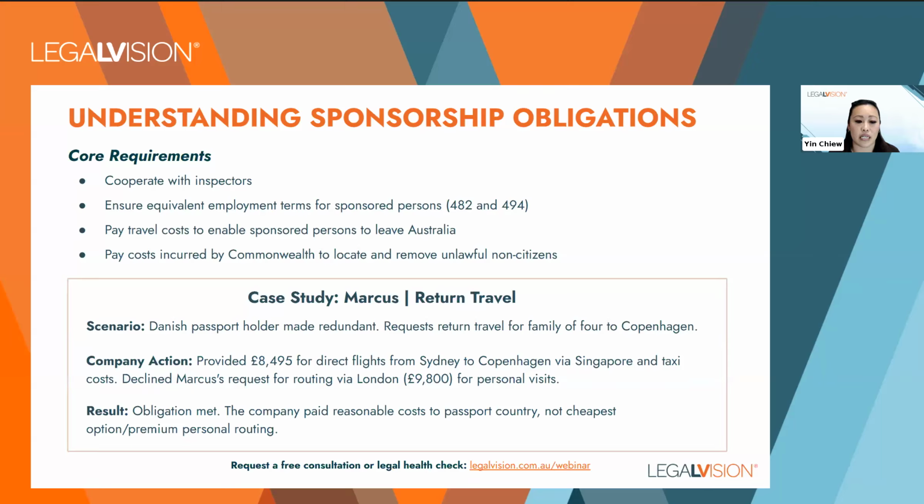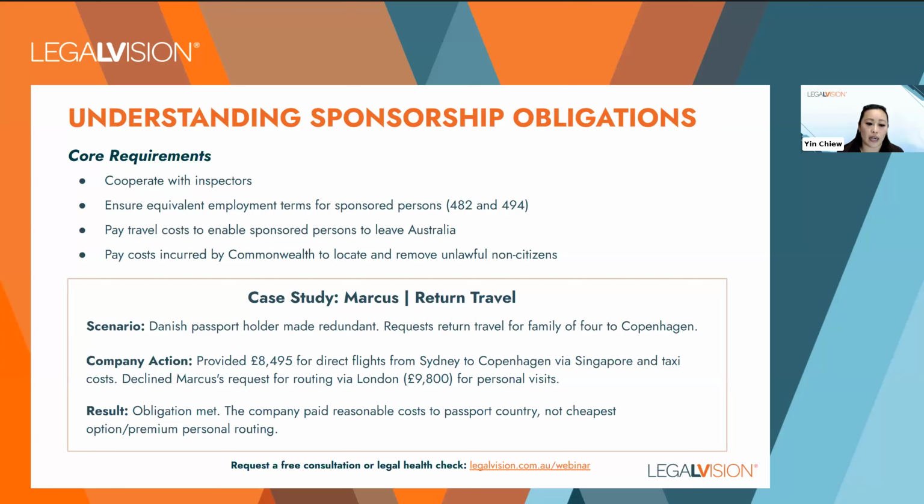So I'll give you a little scenario here about Marcus's situation. It doesn't matter how the employment ceased, how it terminated, whether it be made redundant, whether there was a formal resignation, whether it was a cessation due to misconduct, it absolutely does not matter.